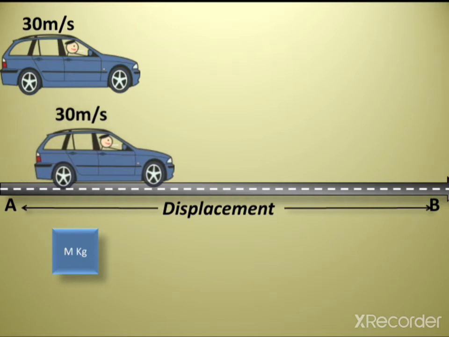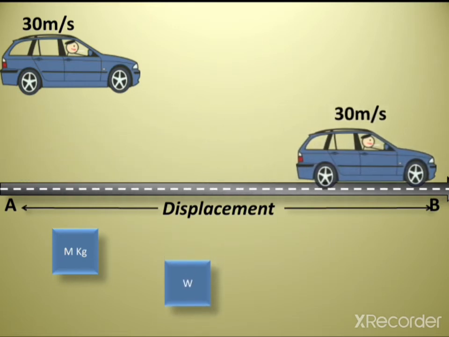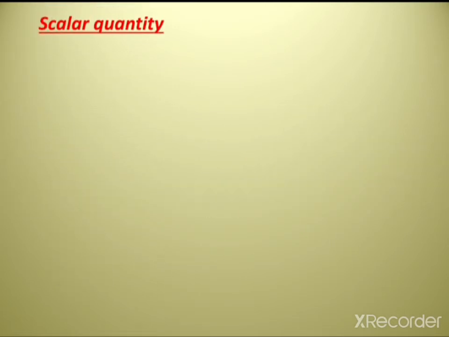Okay, now let's see the correct difference between the scalar quantities and vector quantities. Here we just try to list the basic differences between the scalar quantity and vector quantity.